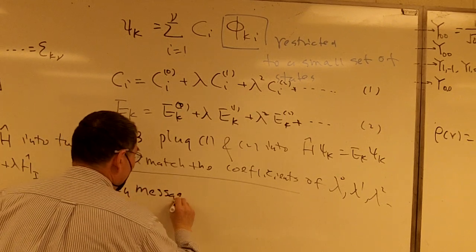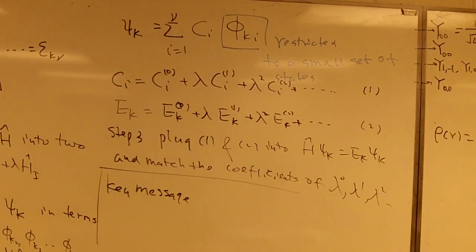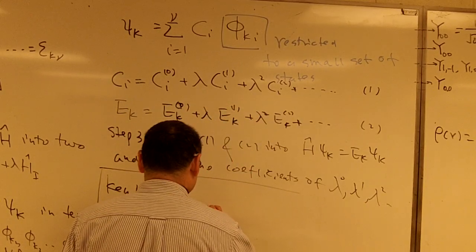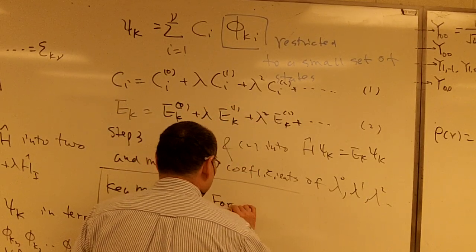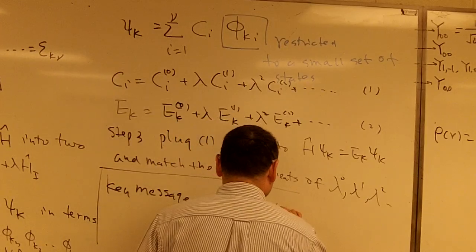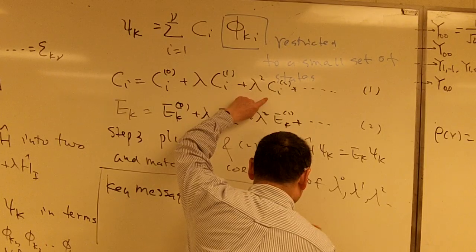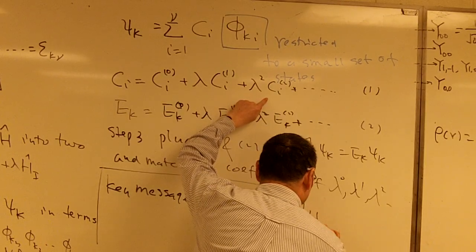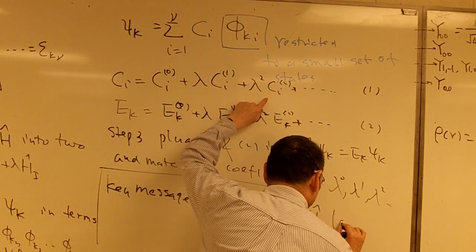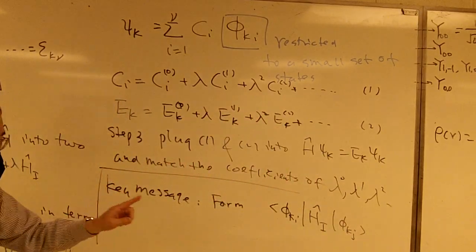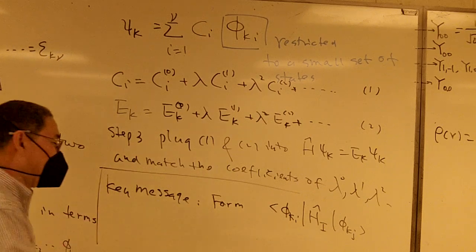If you forget about all of this, the key message is very important. What you're going to see me write down is essentially that we form a matrix, phi k i H hat phi k j. The key message is that we form this matrix and diagonalize it.